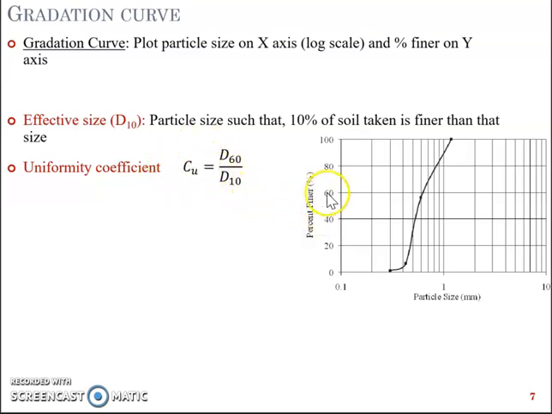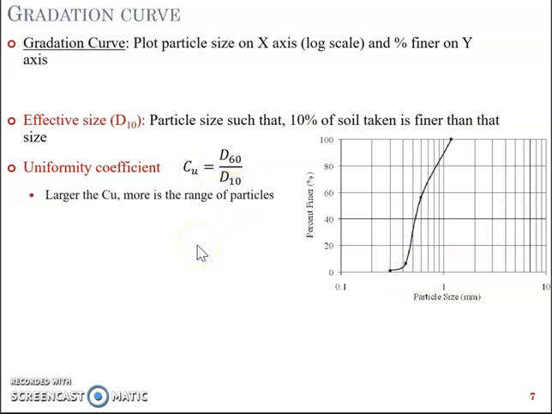Again, to get the D60, it's quite simple. You'll have 60% finer here. Draw a line parallel to the x-axis, let it meet the curve at this point, drop a perpendicular, and it will meet the x-axis at D60. D10 is already discussed here. So D60 by D10 is called the Uniformity Coefficient.